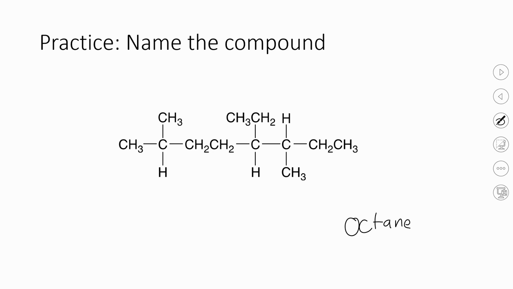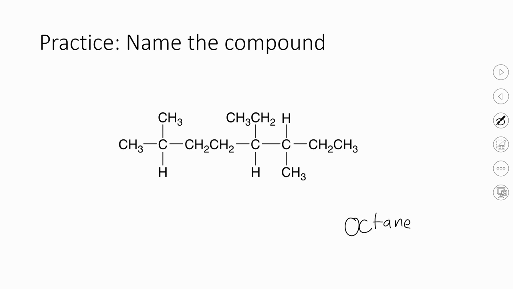Okay. What's next? Numbering. Good. So should we number it like this, 1, 2, and have a methyl group, or should we do 1, 2, 3 and have a methyl group?